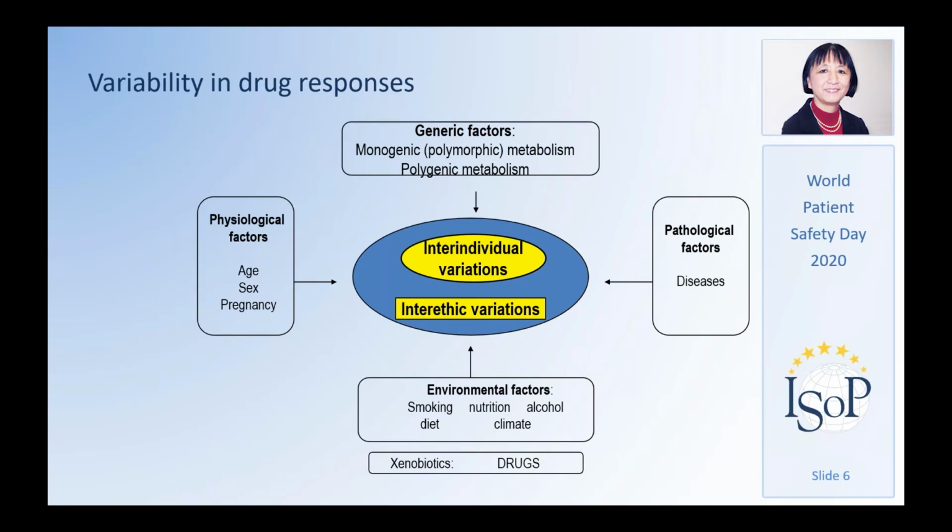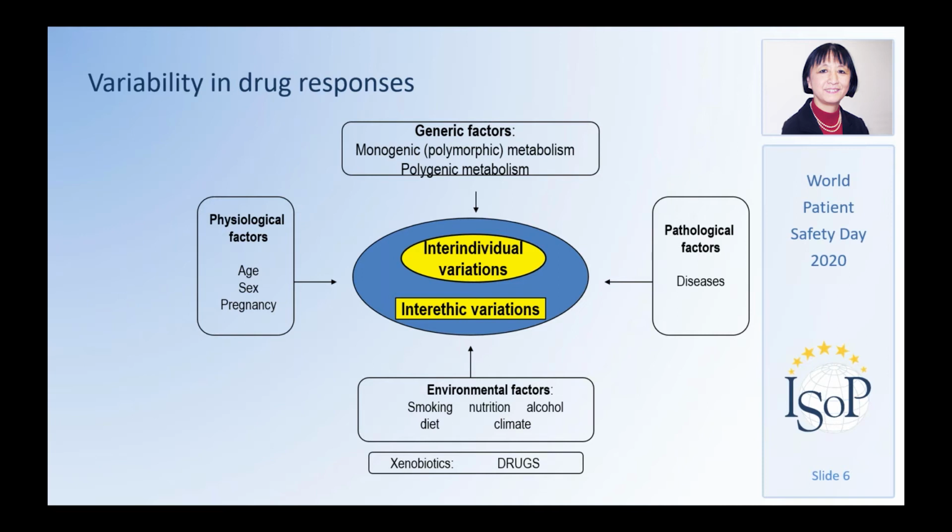So now, the variability in drug responses. When the same dose of a drug is given to different individuals, the effect will be different due to a number of factors.